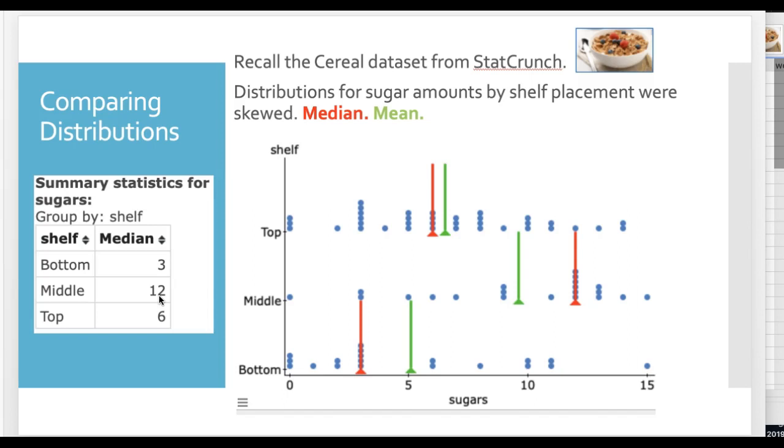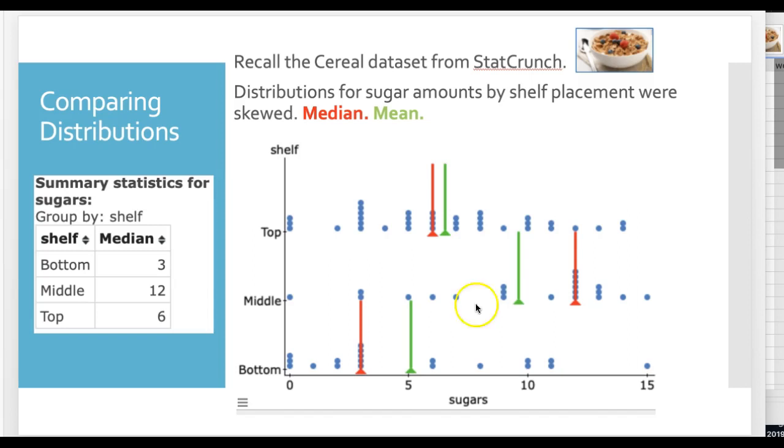Previously, we were doing means and standard deviations, and there we should be careful, because as you can see for the middle shelf, the average is much smaller than the median, right? So the average may be hiding the true large number of high sugar contents in that shelf.